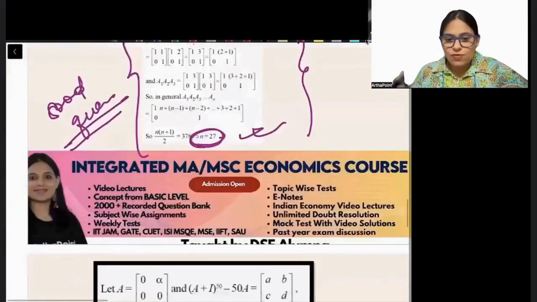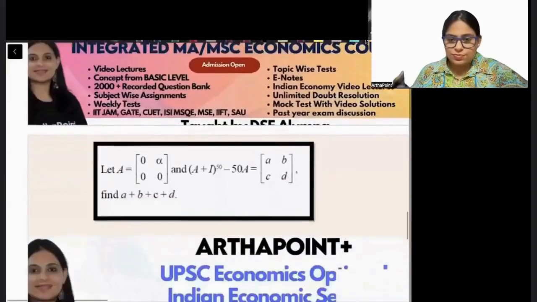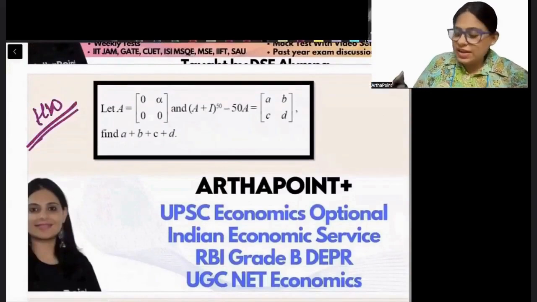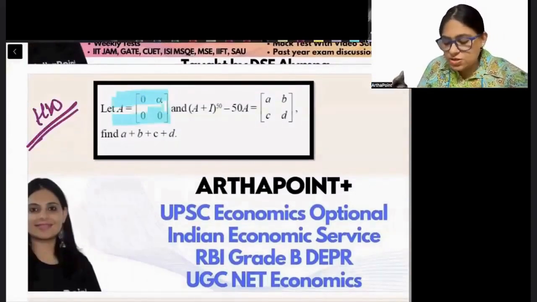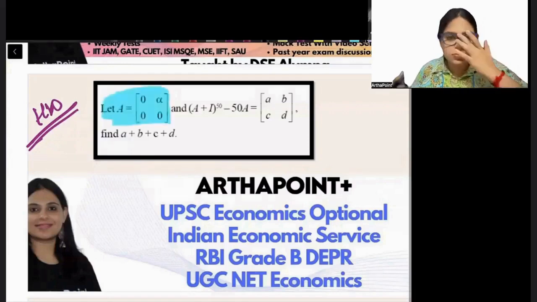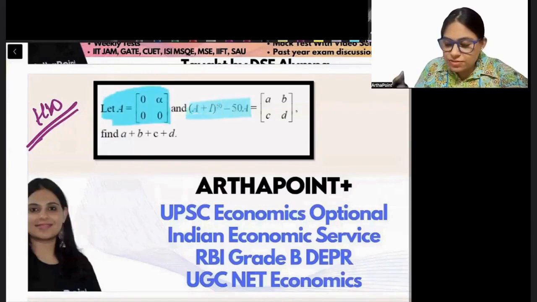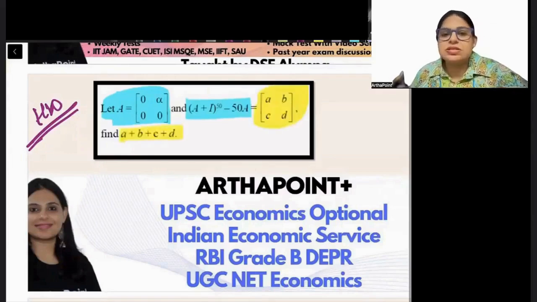At last, a homework question for you. You're given A is 0 alpha 0 0. Right? You're given A plus I to the power 50 minus 50A is this. You need to find out A plus B plus C plus D. It's a homework question.